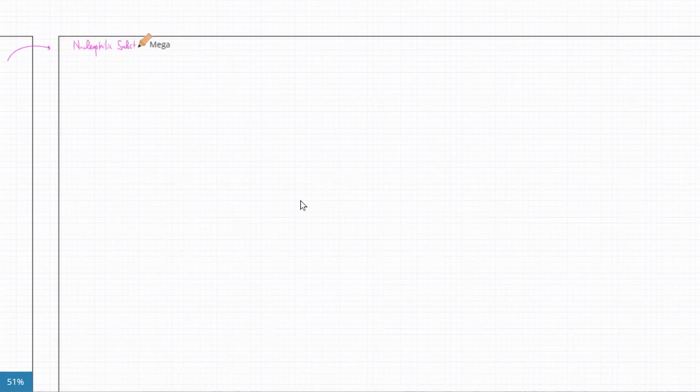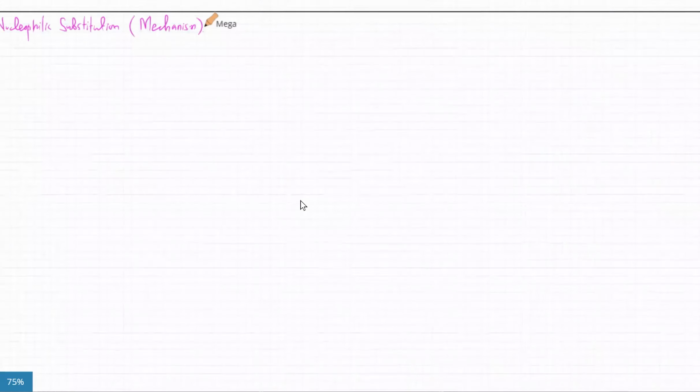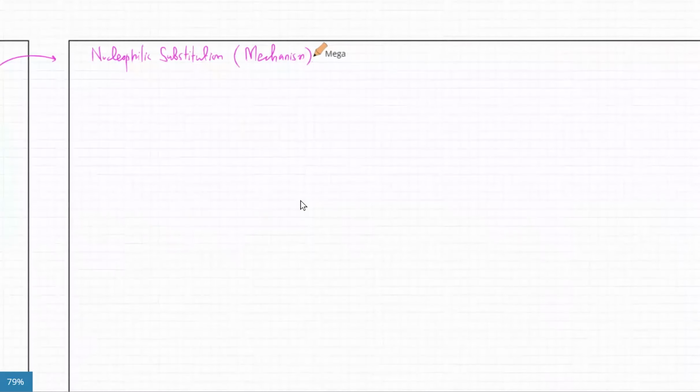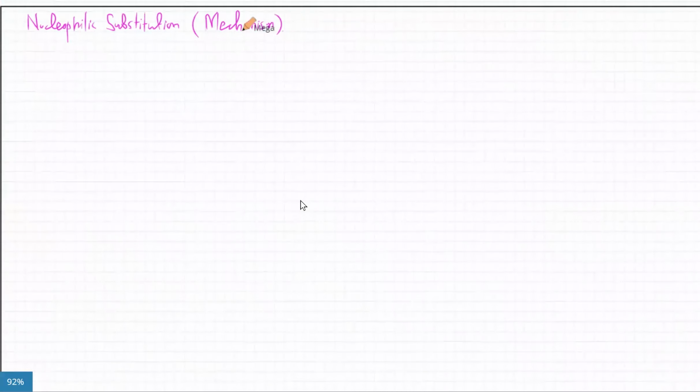Now, nucleophilic substitution is all about halogenoalkanes, and there are three types of halogenoalkanes. There's a primary, there's a secondary, and there's a tertiary halogenoalkane, just like alcohols.